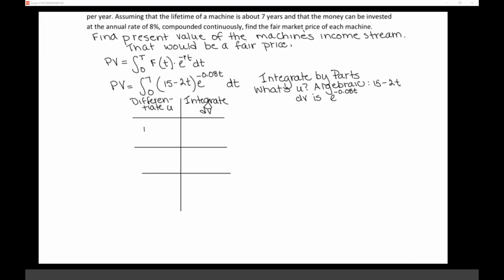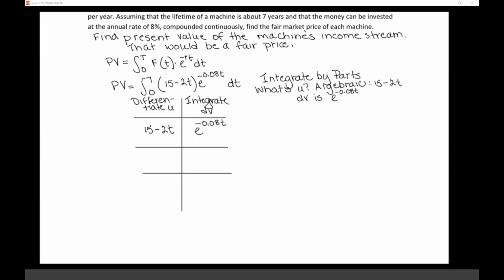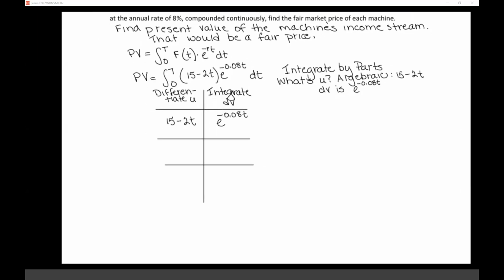So here's 15 minus 2t, and here's e to the minus 0.08t. You've got to remember, you got to keep track of what you're doing, whether you're integrating or differentiating. So I'm going to go down the differentiate column first.